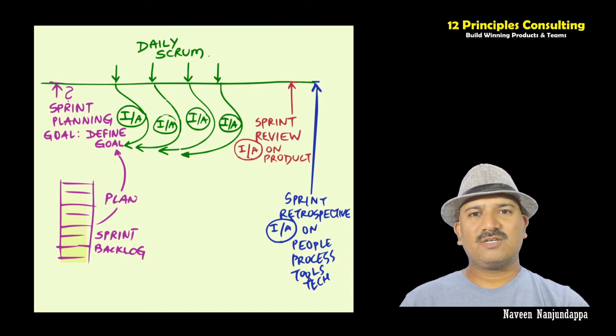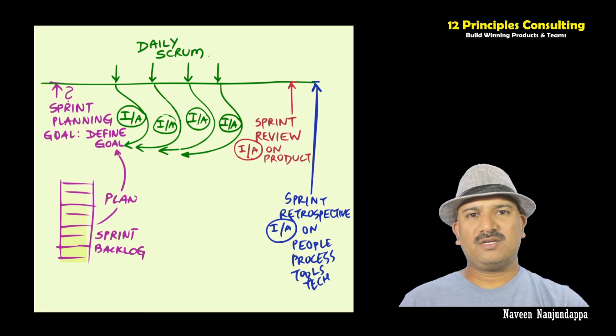These are the 4 events that take place in Scrum, and these events have specific timelines. While the whole sprint is itself the 5th event, the sprint is a unit of time wherein the team inspects and adapts.